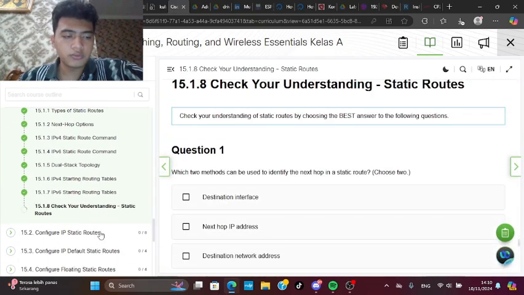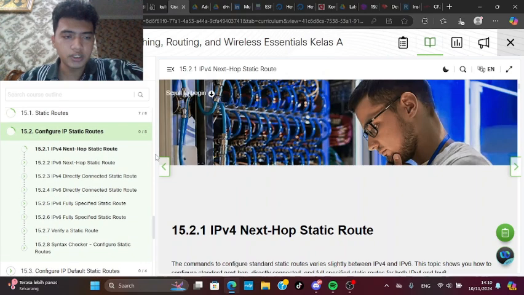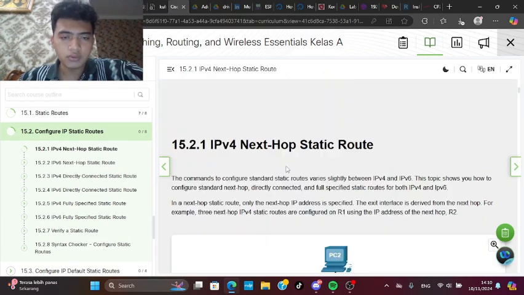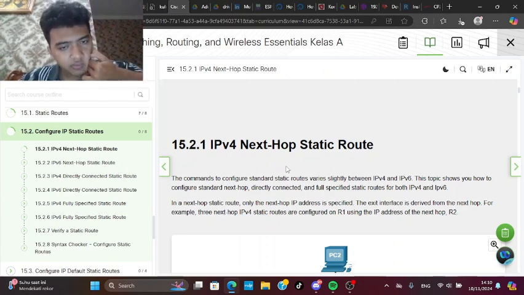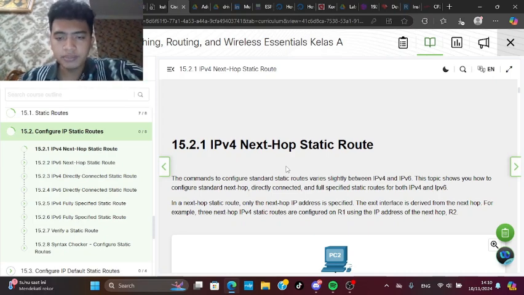Okay, we continue to 15.2, which is configure IP static routes. So, IP version 4 next hop static route. The commands to configure standard static routes vary slightly between IP version 4 and IP version 6.